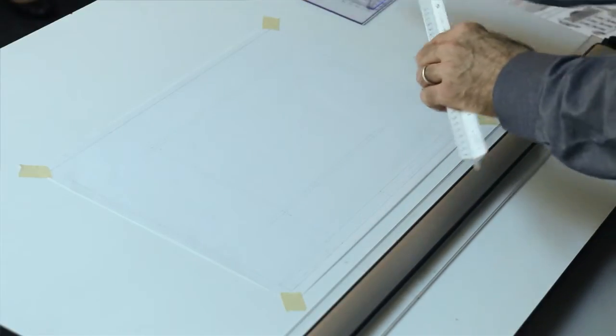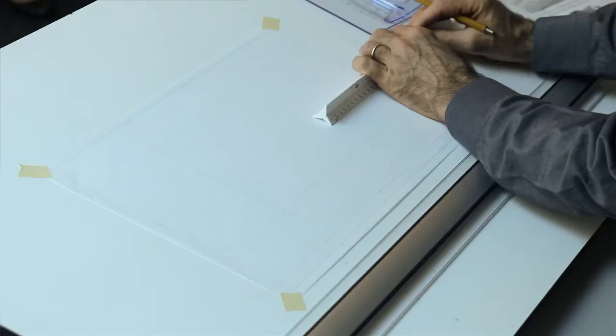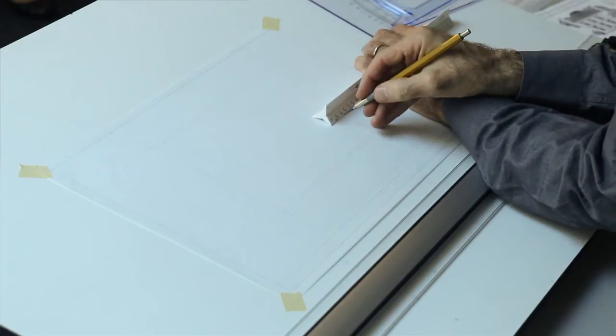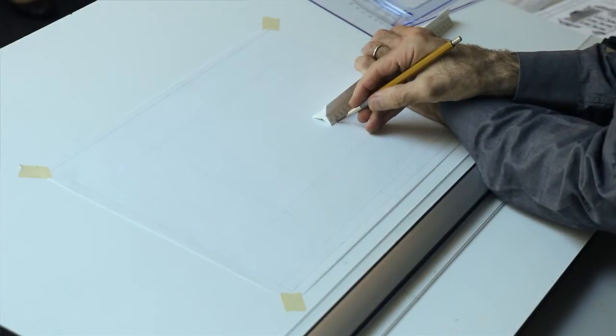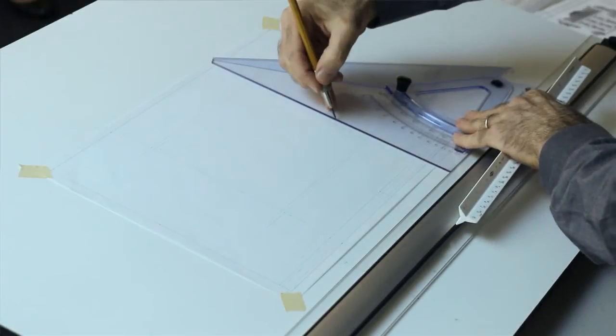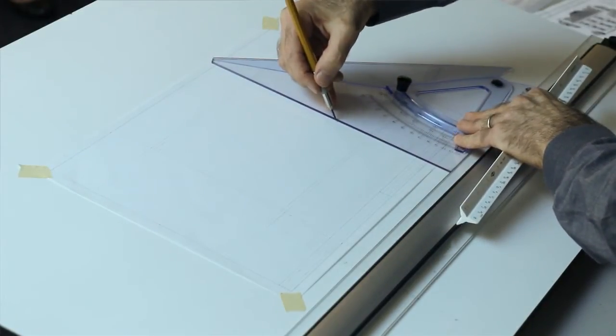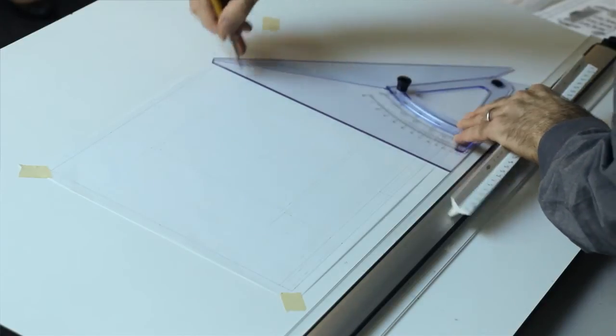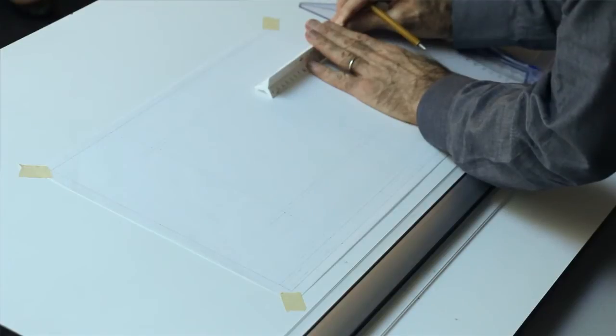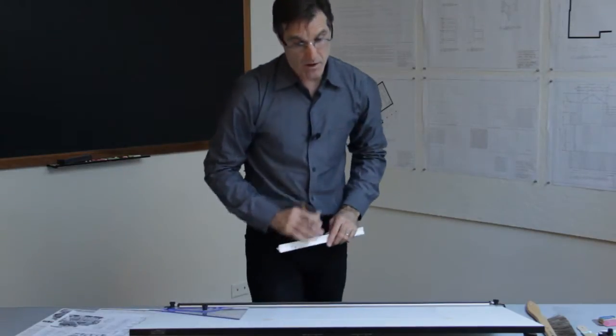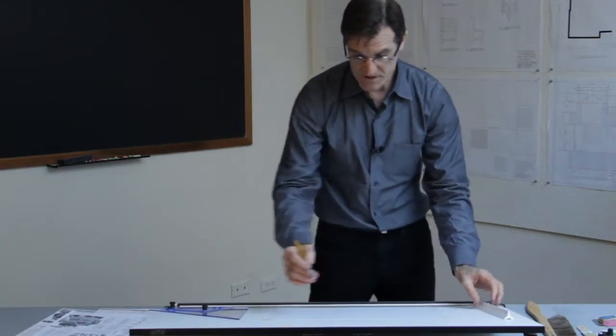I'll measure in the east side also at 9 inches. And again, these are light layout lines. Anything goes wrong, it's easy to erase.